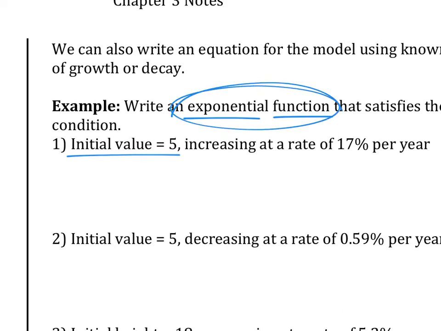It's an exponential function, so we gotta write the bare bone first. Initial value of 5 means what? A equals 5, or when x is 0, y equals 5, right? When x is 0, b is gone, so that's why a is equal to 5.